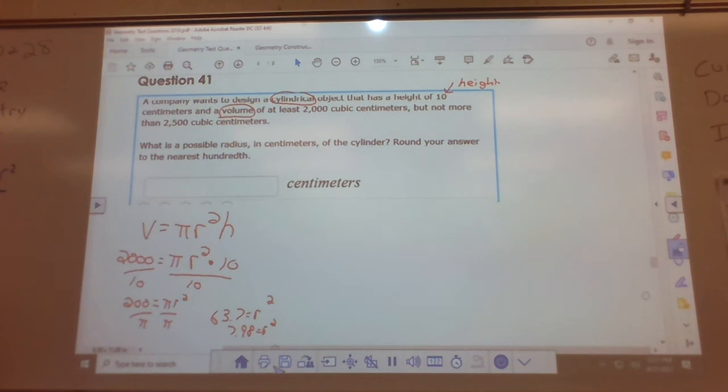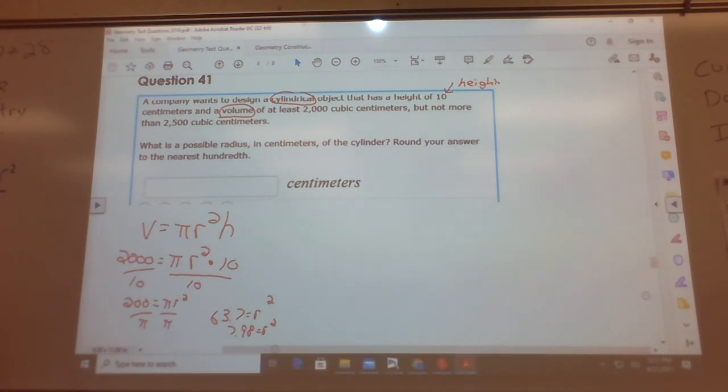Now, that's as small as it could be. I want to pick a radius that's bigger than that, but not too big, because I don't want it to get up to 2,500. So let's pick a number a little bit bigger than that, but not too much bigger.